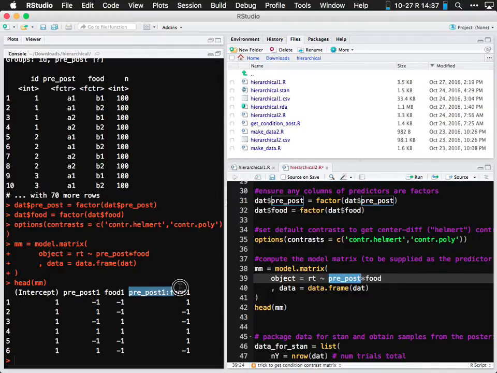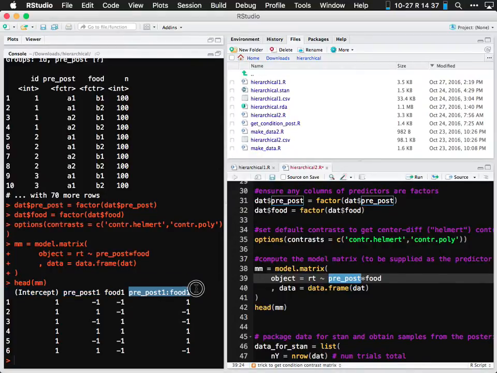So in our output, we'll get a posterior estimate for the mean for the prepost effect. That will establish whether there was a change in RT from pre to post overall, ignoring what food type they were having. We'll have another parameter that encodes the main effect of food, regardless of pre or post.